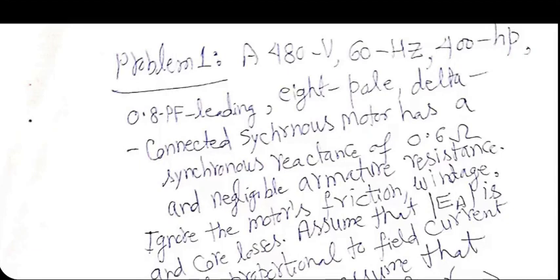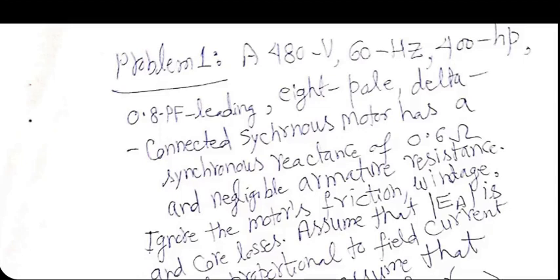That means 400 into 746 watts is the rated power output in all the three phases combined, by the way. So a 480 volt, 60 hertz, 400 HP, 0.8 power factor leading, that is the load power factor leading, 8 pole, delta connected, synchronous motor has a synchronous reactance of 0.6 ohm per phase is assumed, okay?